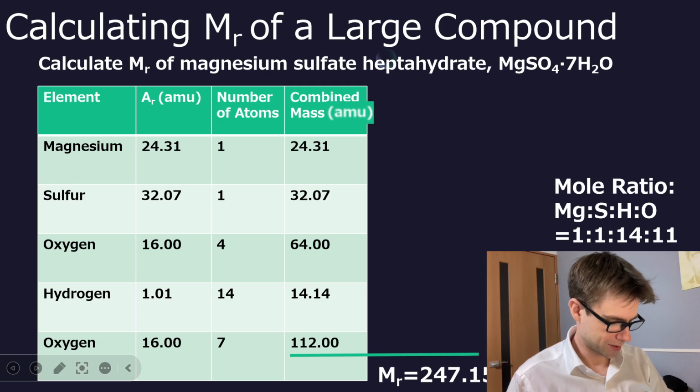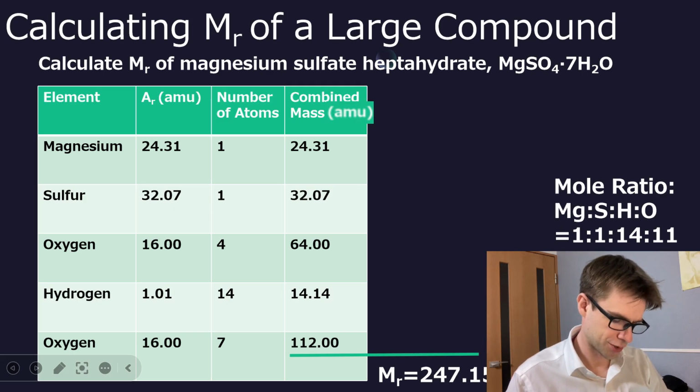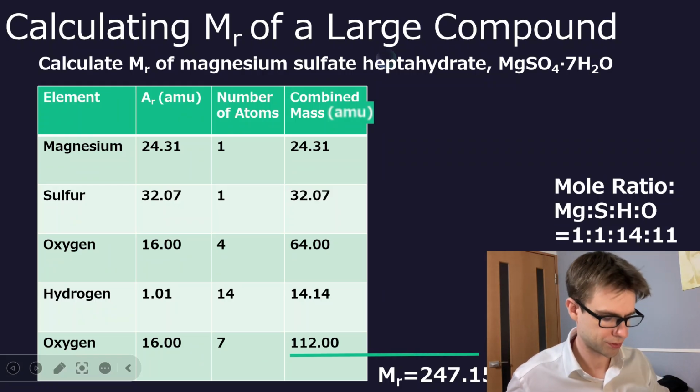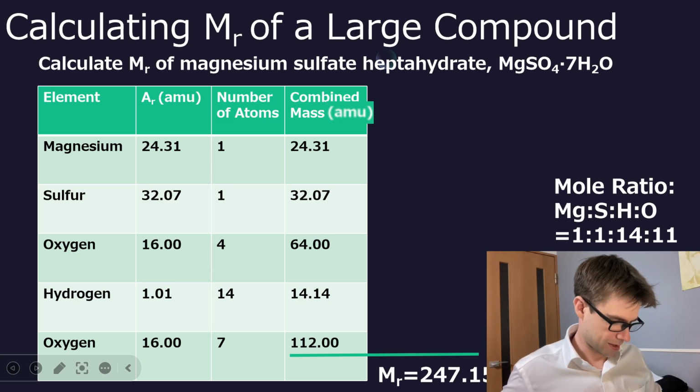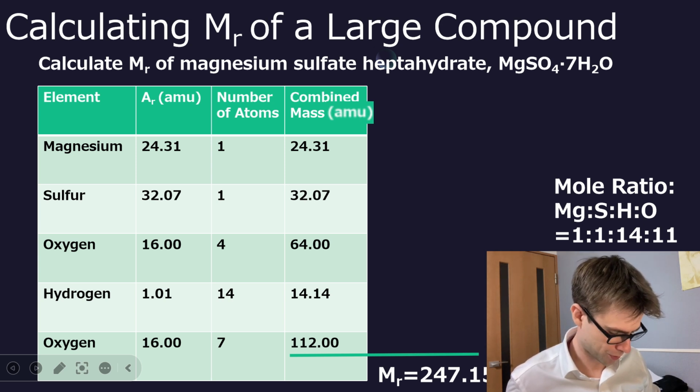So we have one magnesium. Its relative atomic mass is 24.31. We have one sulfur, 32.07. We have 4 oxygens in the first part of the formula. They are 16 atomic mass units each, so altogether they are 64 atomic mass units. Then hydrogen, we have 14. That's 7 times 2 in the H2O, and their combined mass will be 14.14.